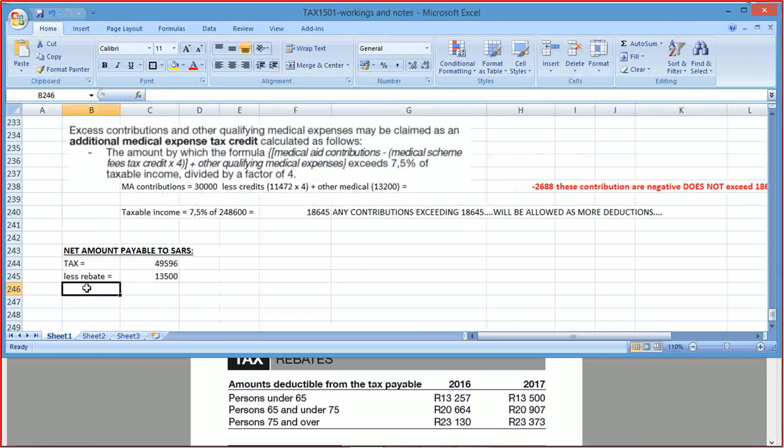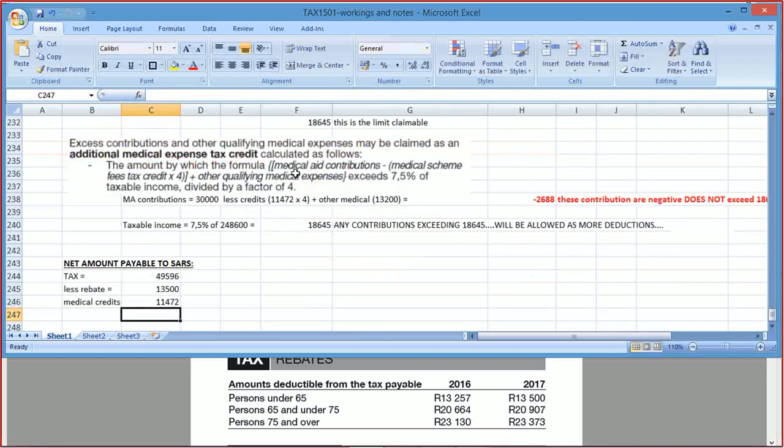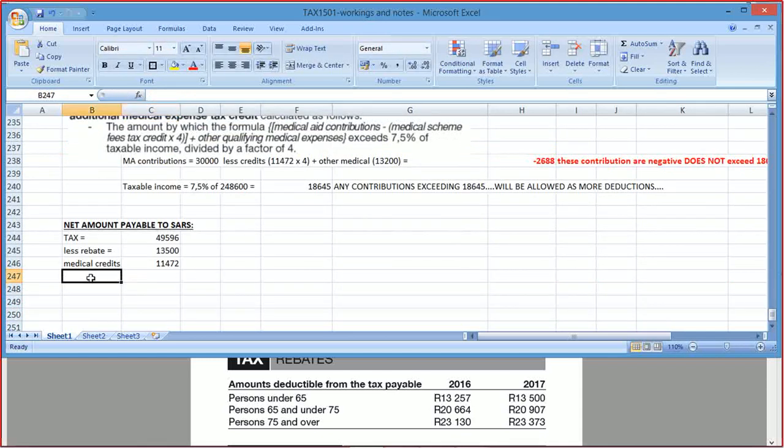Persons under age 65, the rebate is 13.5 for 2017. So then you'd have less 13.5. And then we also claim medical tax credits, right? How much were our medical credits that we worked out earlier?